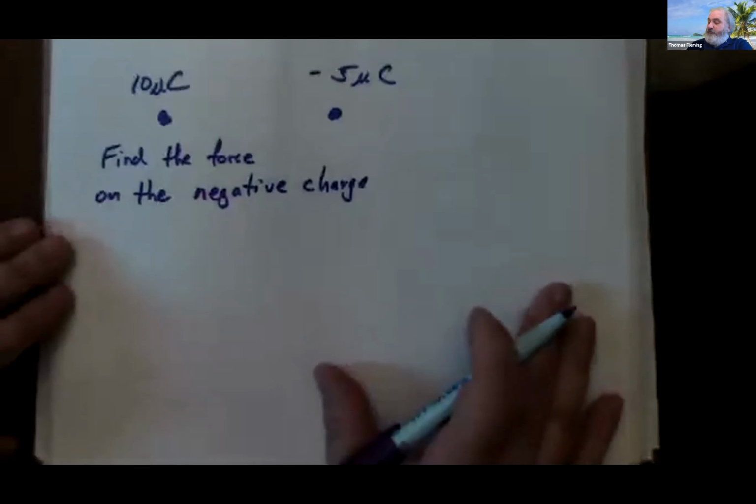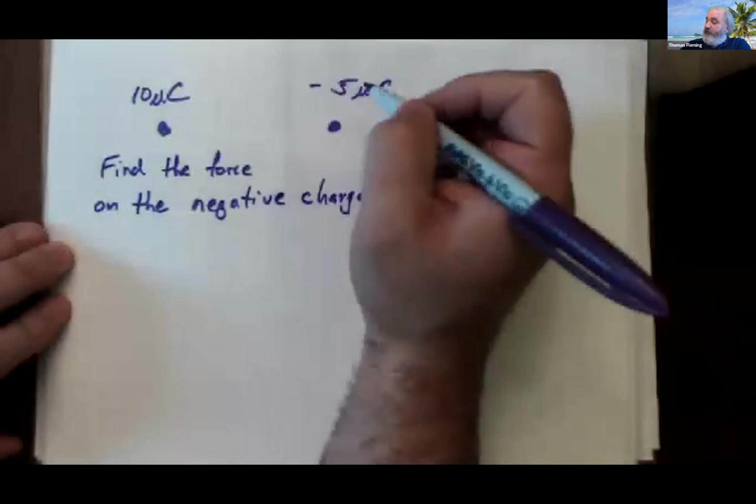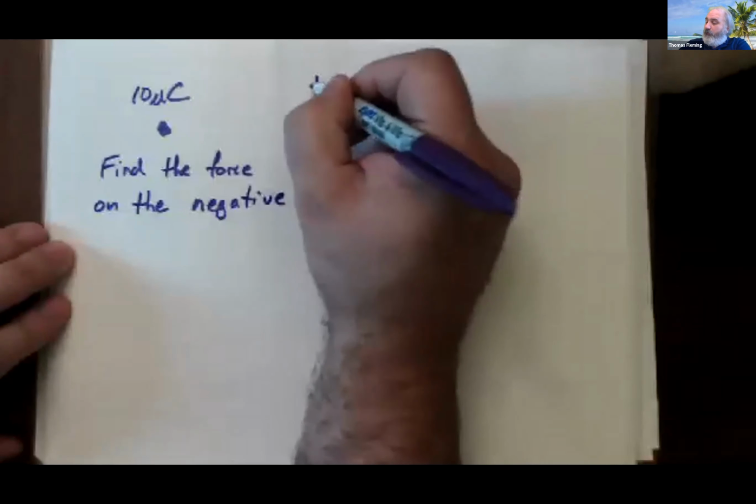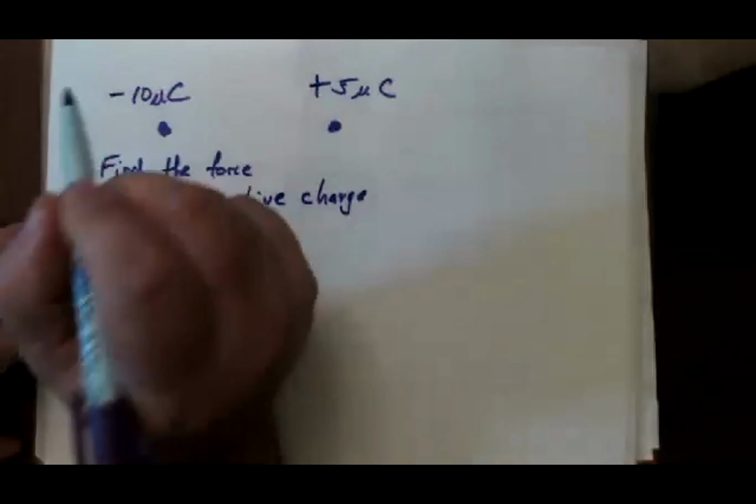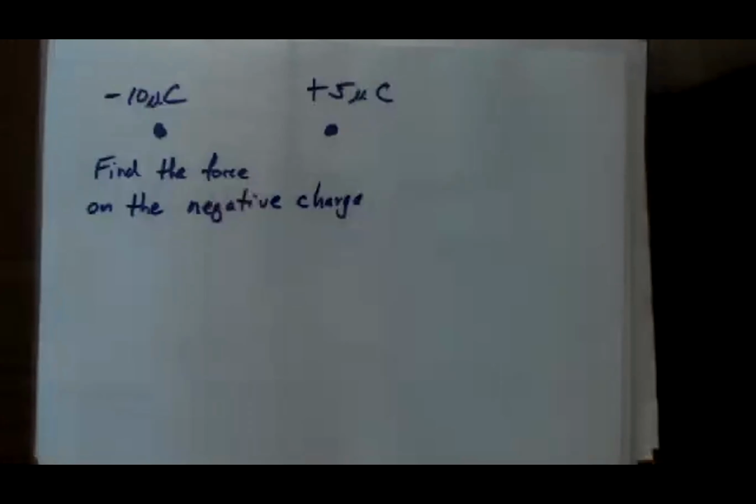Actually, let's change something just so that I illustrate an important point. Let's make this positive and negative. If I do it the other way, I might inadvertently reinforce a common misconception, and I want to make sure I don't do that.